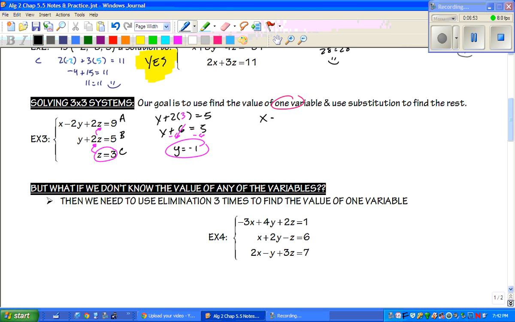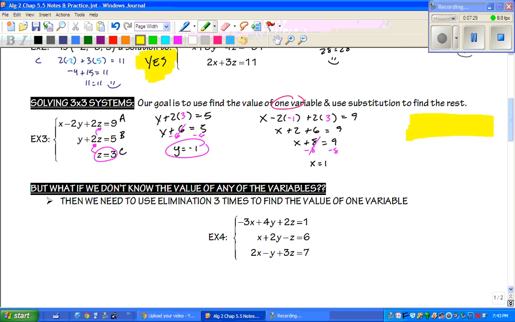So now we can plug it into the x minus 2y plus 2z equals 9, and we're going to plug in z is 3 and y is -1. So we get x plus 2 plus 6 equals 9, x plus 8 equals 9, and then solve for x. x equals 1, okay?